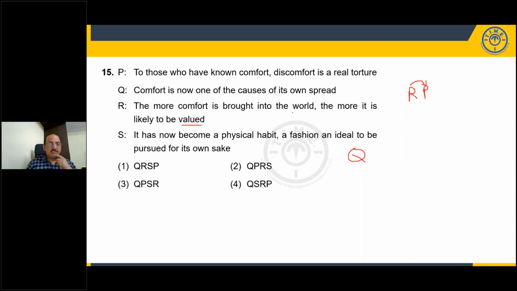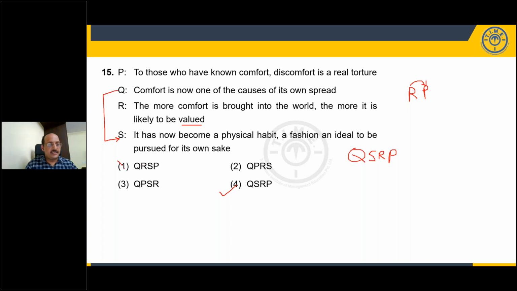It has now become a physical habit. So can I say S is basically elaborating Q? Q says comfort is a cause. S in a way defines comfort by saying that it's now become a physical habit. So after Q I can have S and then I can have RP. All right. So option number 4 becomes my answer.